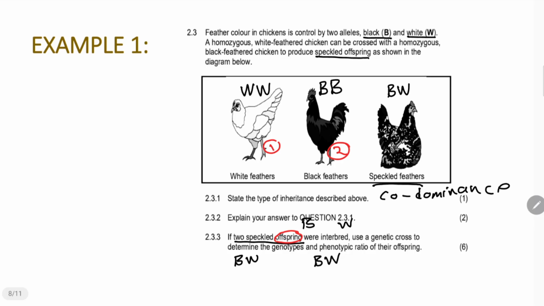But we cannot say that these two speckled offspring are parents of the first generation because we already have the parents of the first generation here in the diagram. So these offspring are going to be parents of the second generation. As such, when we write our P1 here, it won't be P1, it will be P2 because the children are now becoming parents, right? So it is going to be parents of the second generation.